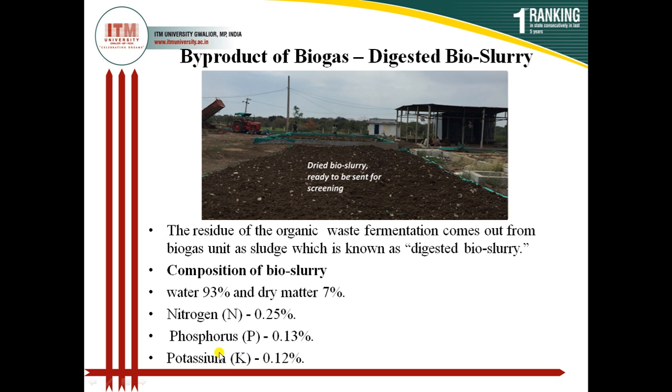The liquid can also be used for crop spraying. But this liquid which we collect is not oxygenated, because it is collected from the anaerobic unit where all the reactions occurred in the absence of oxygen. So this liquid directly cannot be applied in the field because it is low in oxygen.